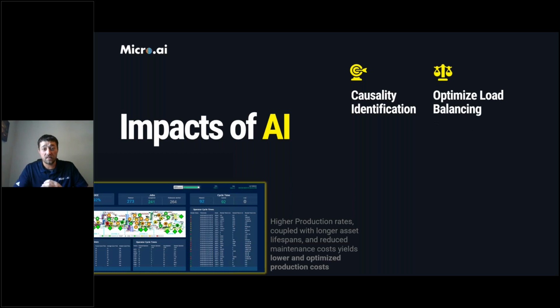Another area where this is going to be a huge impact is your optimized load balancing. Think of being able to determine the exact right size of buffer that is needed to be placed between two assets that cycle times might not match up exactly with what they're supposed to.